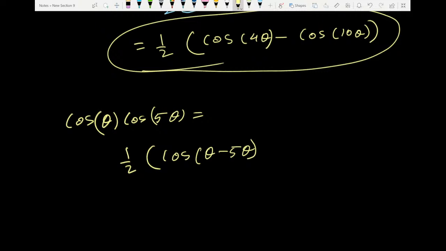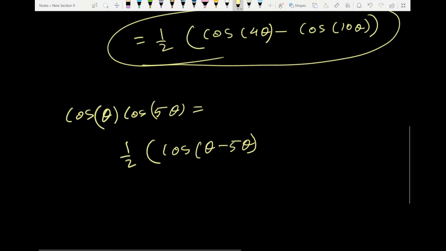I want to make sure I got the formula correct. So now we're using a cosine one, so it becomes cosine of alpha minus cosine of beta. Now this changes, it becomes plus. Earlier it was sine, and we get plus cosine of theta plus 5 theta.